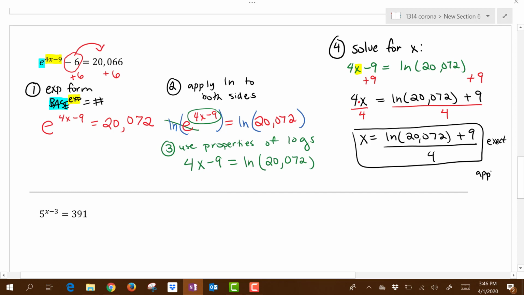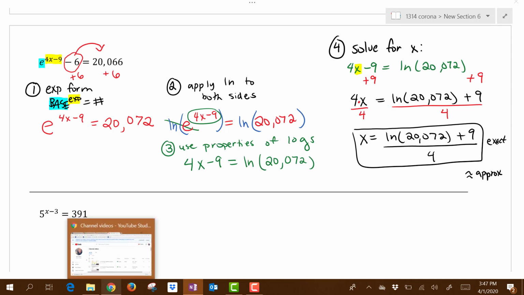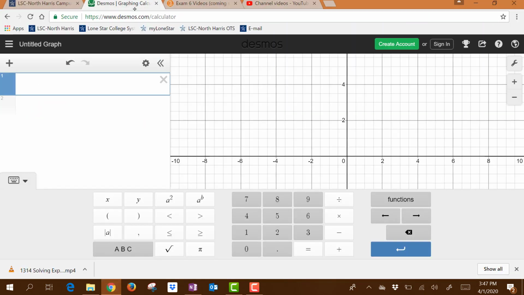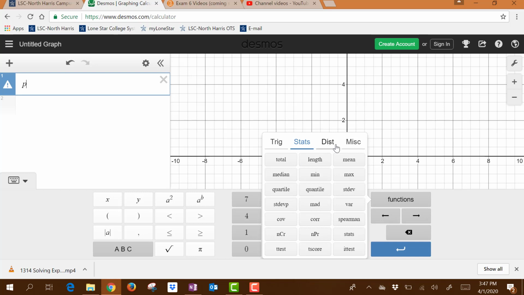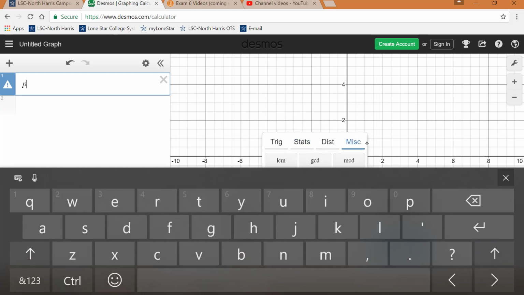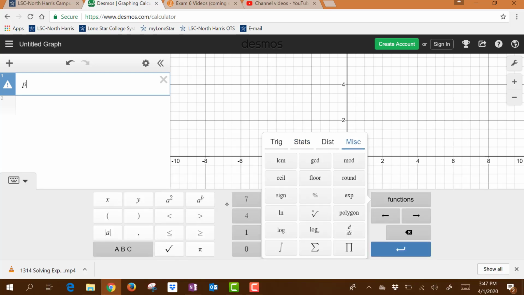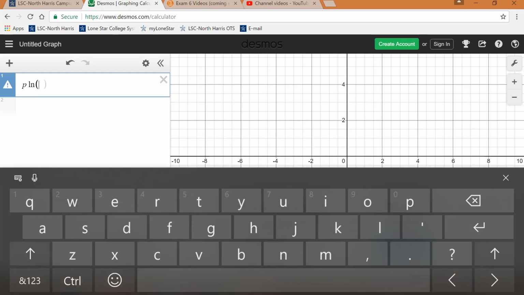What if you wanted to figure out approximately what that number represents? Let's put that into Desmos and see what that is approximately. Okay, so I'm going to go to functions, and we're going to go to, I believe, miscellaneous, and we're going to go to natural log.